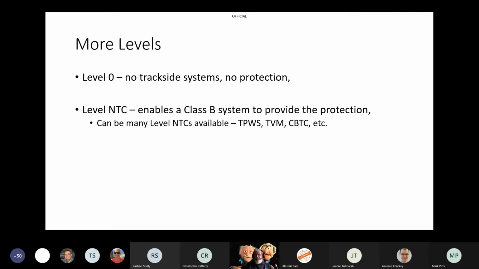So there are many level NTCs. Currently, there are about 41, 42 of them. And they cover systems such as TPWS, TVM, such as on HS1, CBTC, as is being used for Crossrail, and all the other European legacy train protection systems.